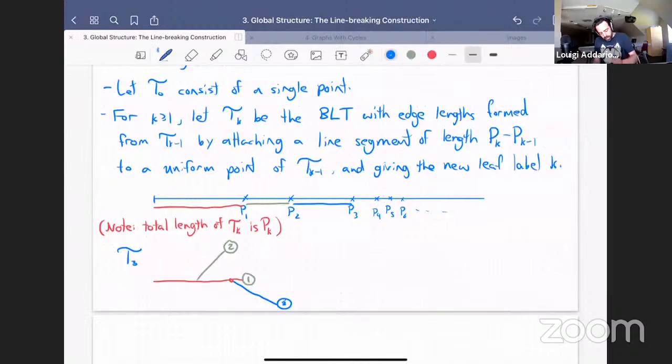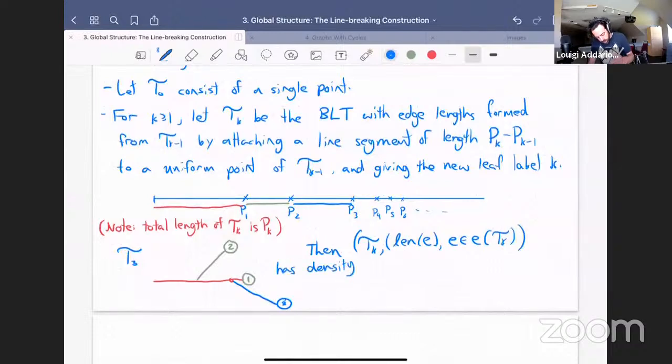So in this construction, the tree with edge lengths that we end up with has density p_k e^{-(sum of the lengths squared)/2}, or maybe I should write it as the sum of the lengths times e to the minus the sum of the lengths squared over 2.